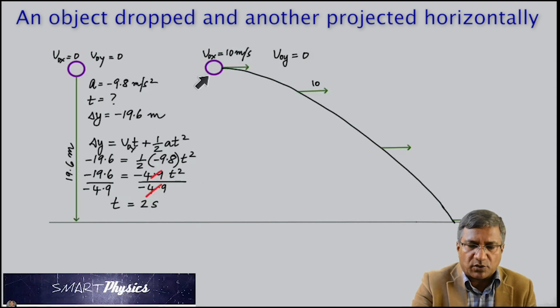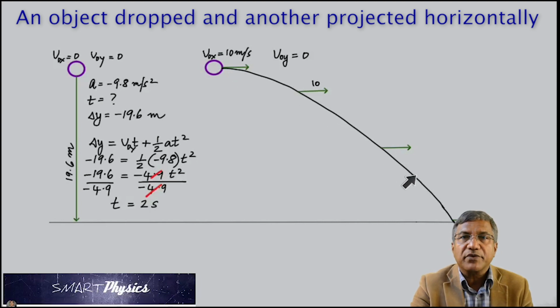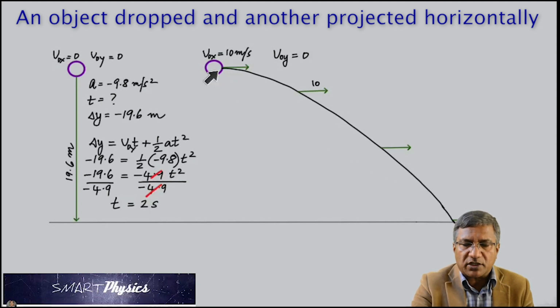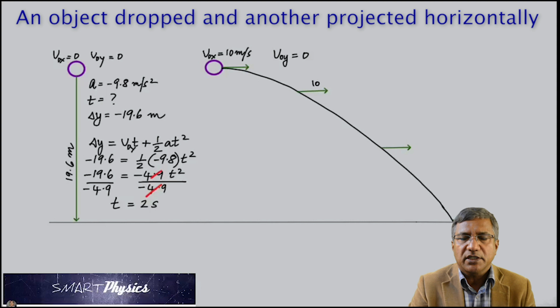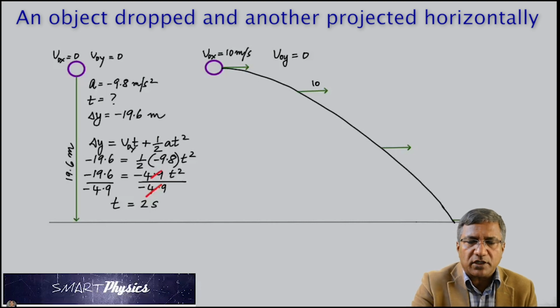Look at the delta y. Isn't this exactly the same as this? Yes. So although this object is taking a different path, that doesn't matter because the vertical displacement is still negative 19.6. So that means all the quantities here are the same.